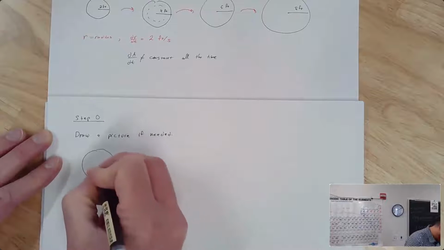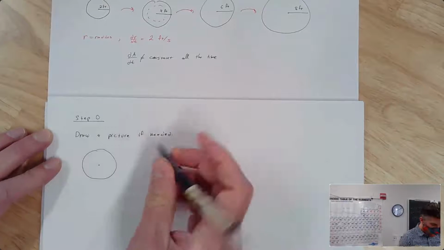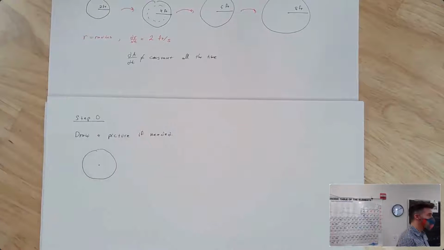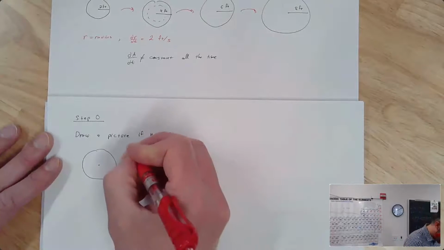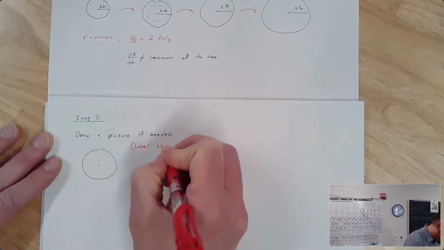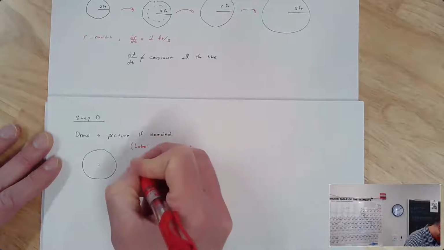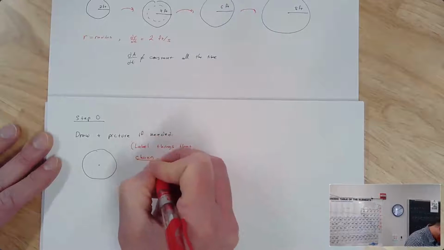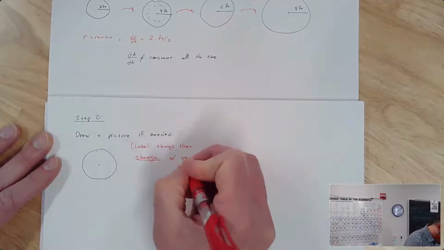There's our circle. And I should point out that when you're drawing the picture, the thing you want to really be aware of is you want to label the things that are changing with variable names.